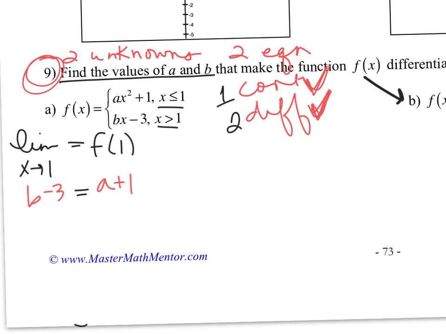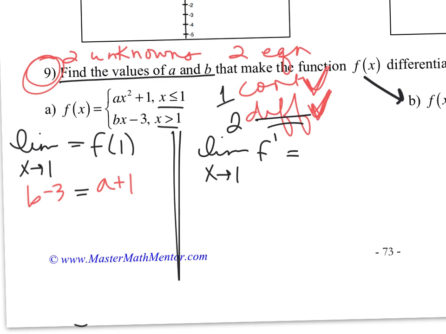I can't solve for that because I have two unknowns, so I need another equation, and that's going to come from looking at differentiability. In differentiability, the limit as x approaches 1 of the derivative has to equal f prime of 1. So let's take the derivative.